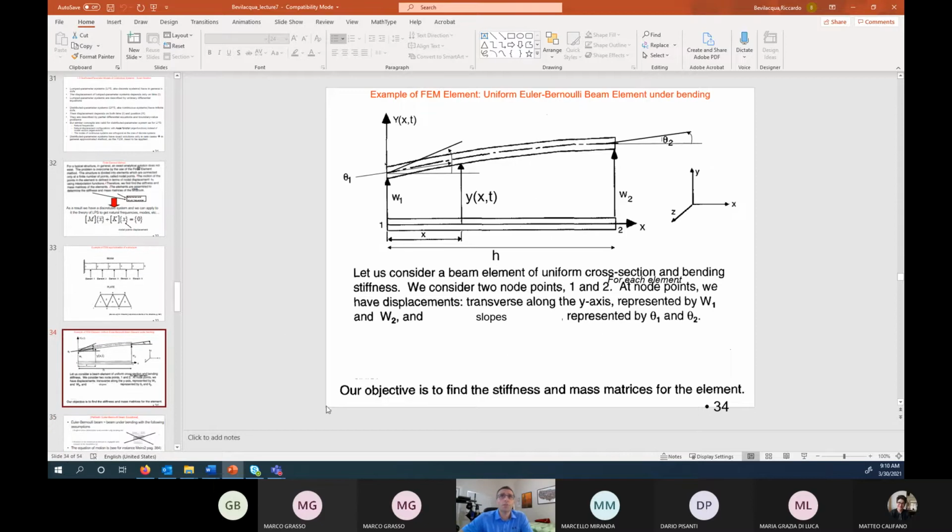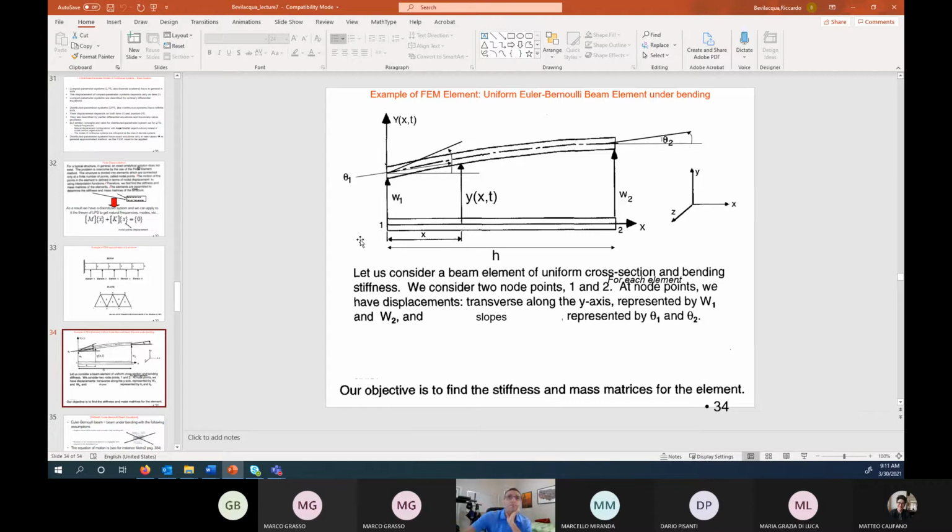So talking about, in particular, the cantilevered beam, or just the beam in general, we can start working on an example. Let's say that we have a uniform Euler-Bernoulli beam. We focus on one element and its bending. This is not necessarily the wall on the left; I'm just focusing on a piece of this beam.